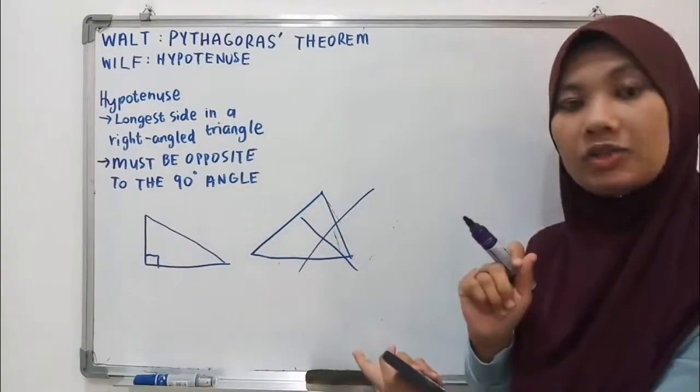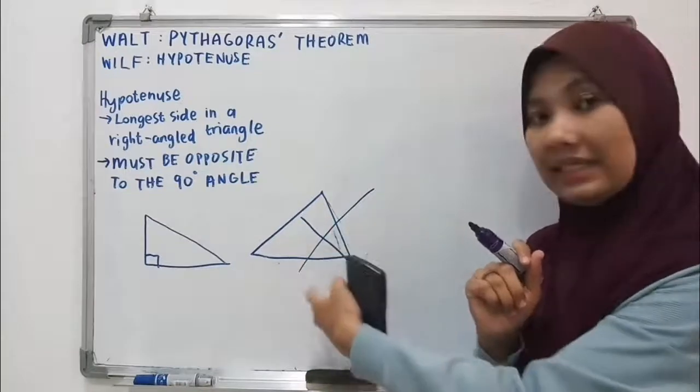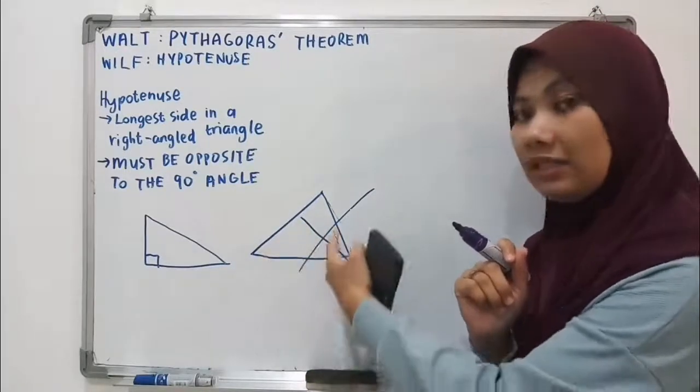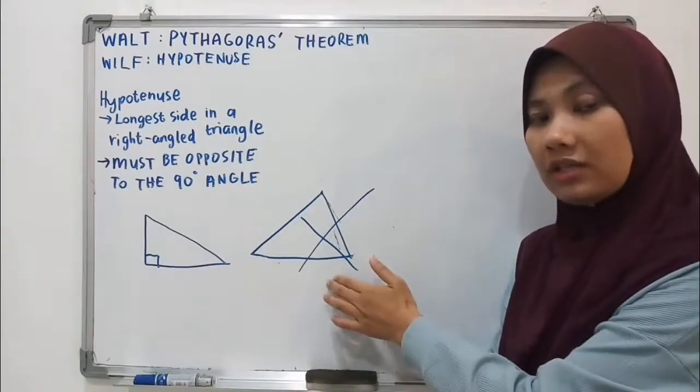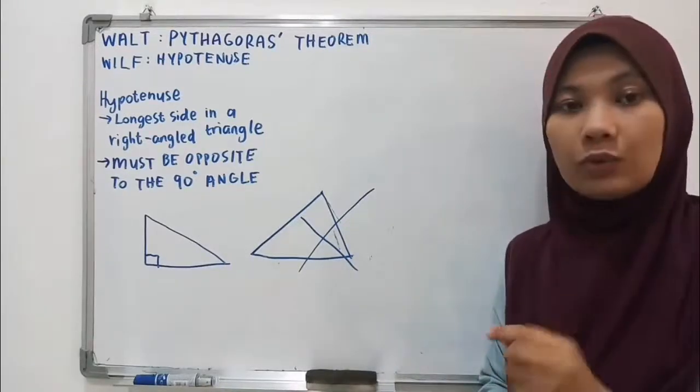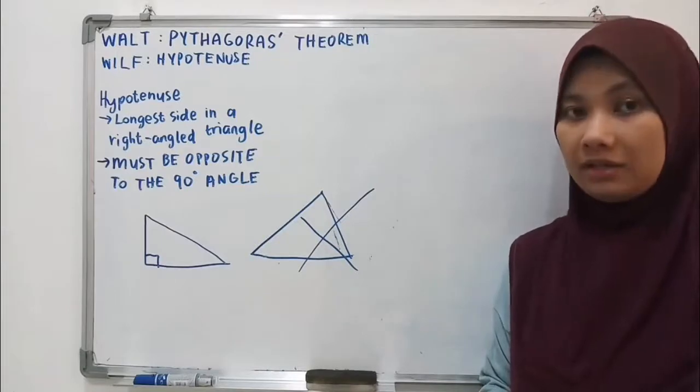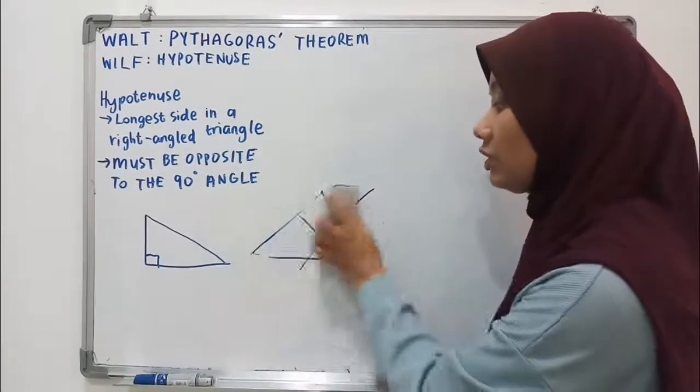Why? Because there's no 90 degree angle. You need to have at least one 90 degree angle. Hypotenuse can only occur if you have a right angle triangle. So this is not.